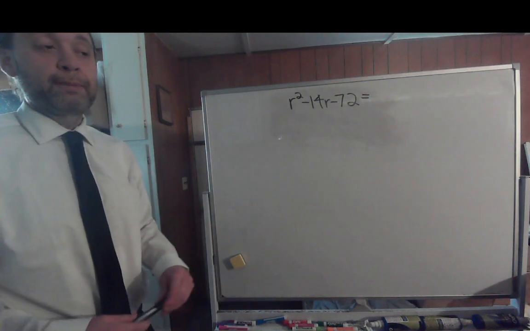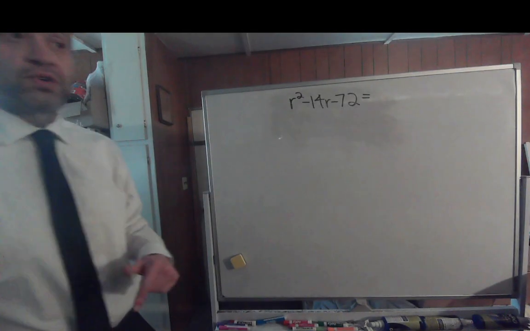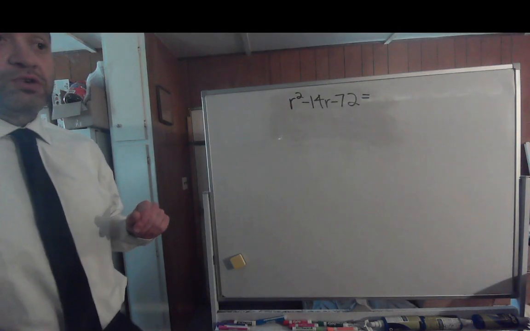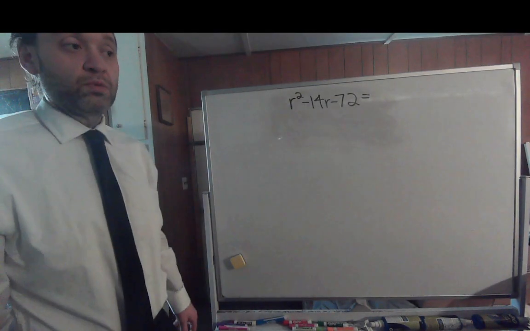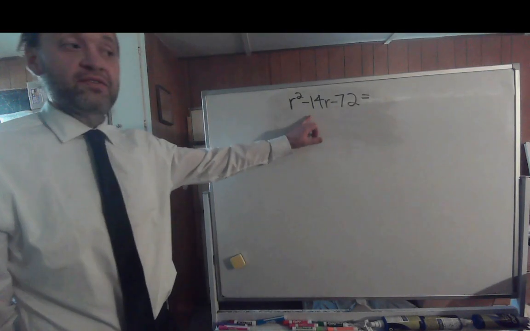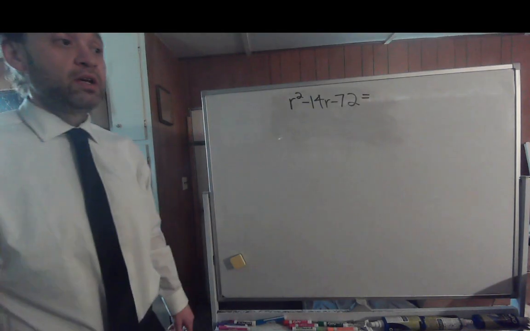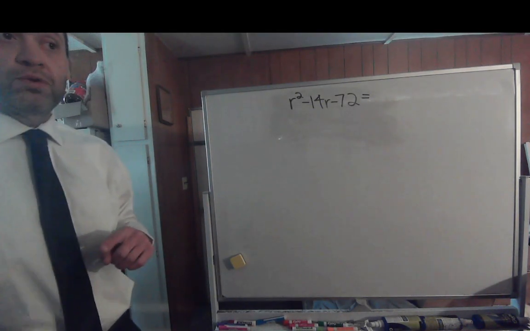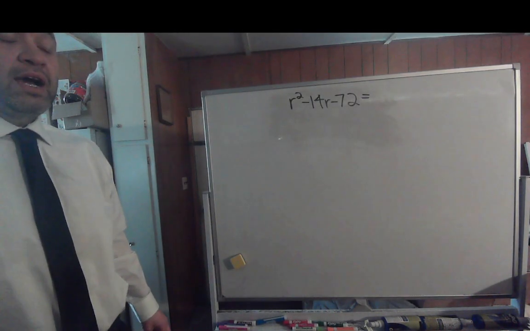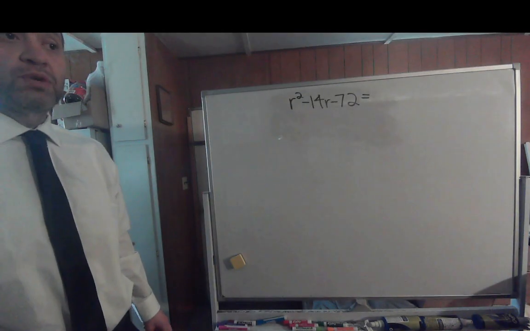Not working. Negative 2 and 36, that's going to give you positive 34. That doesn't work. So how about 2 and negative 36? That would give you negative 34. No. Negative 3 and 24, that would give you positive 21. No. How about 3 and negative 24?